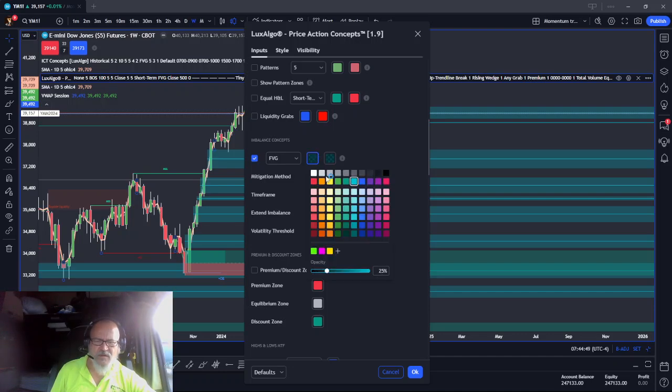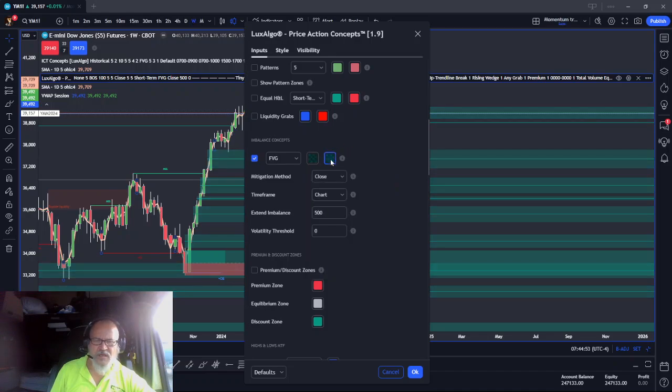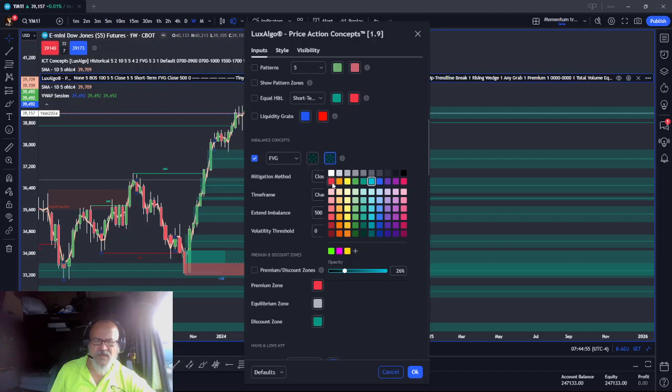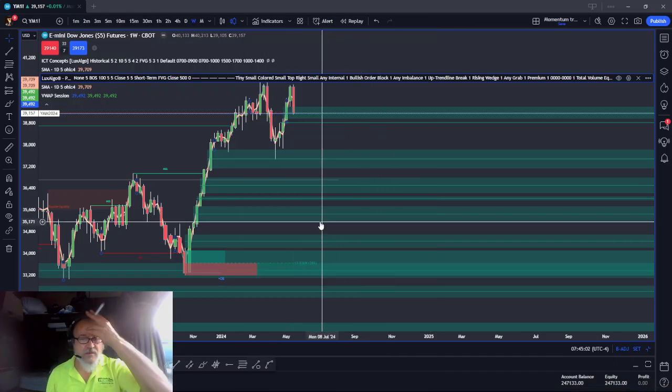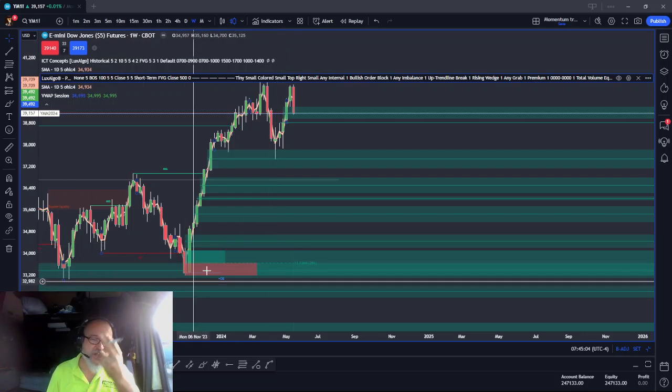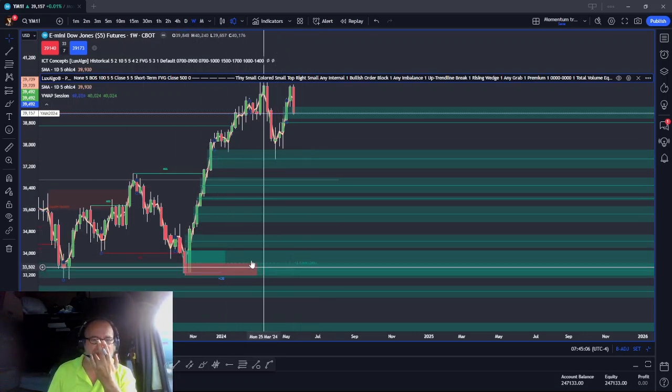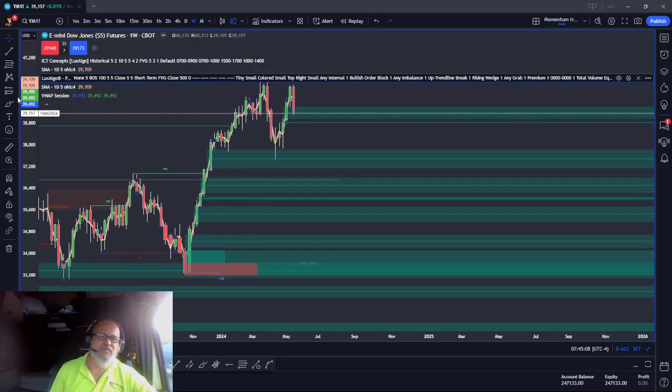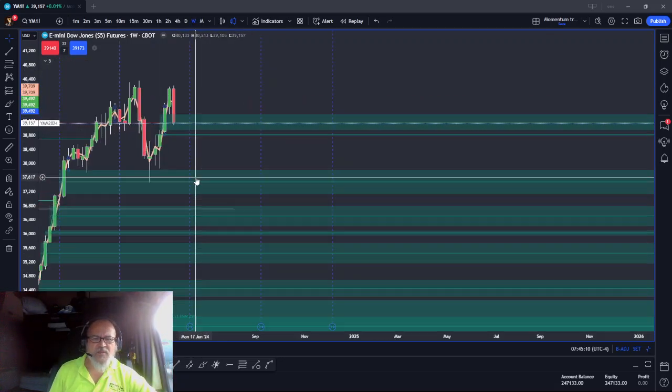Okay, that should be green. That should be red. All right. Okay, so as you can see by all the green fair value gaps and the last order block, we are definitely bullish at the moment.